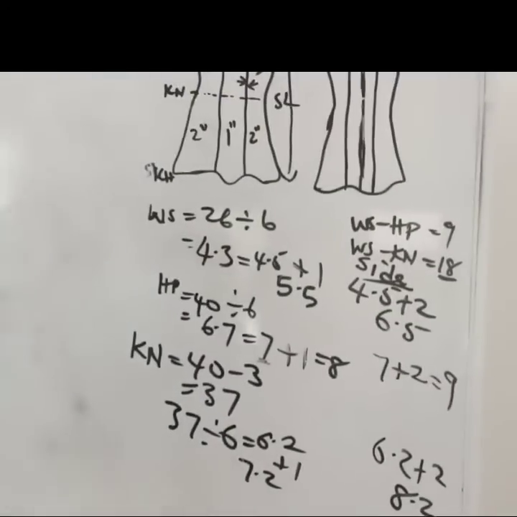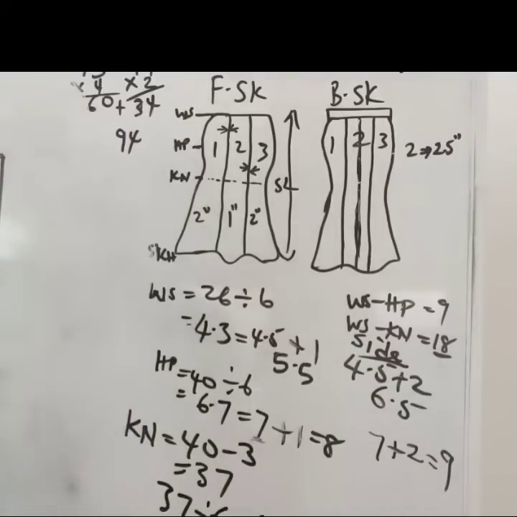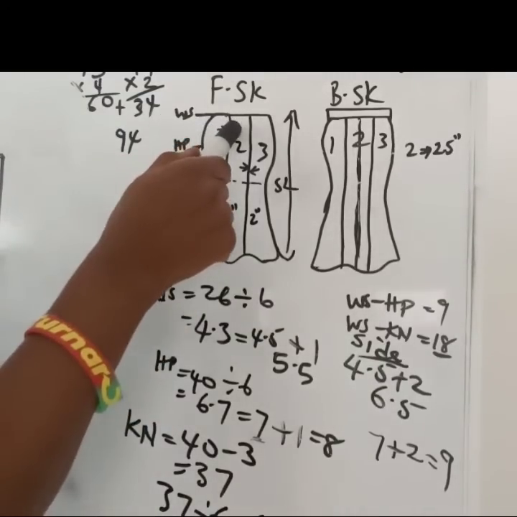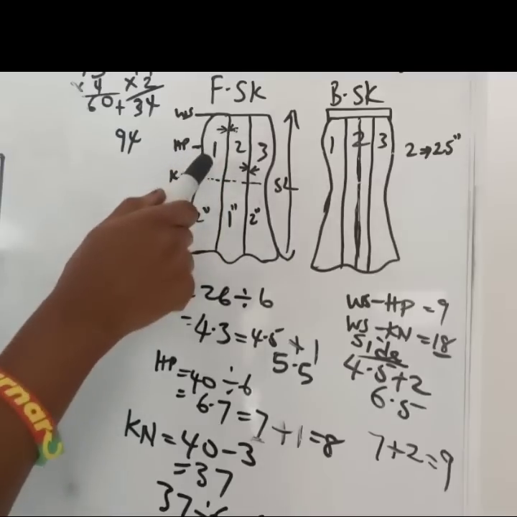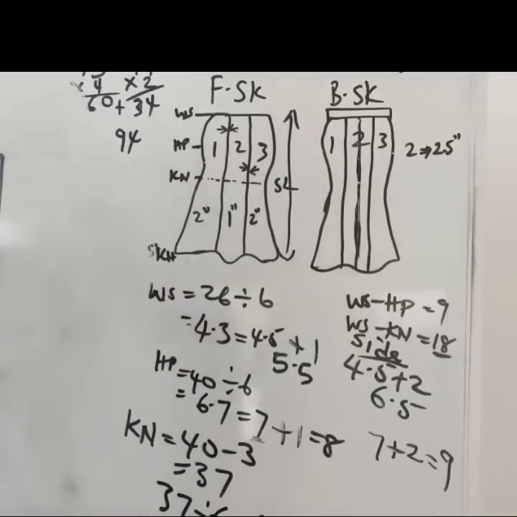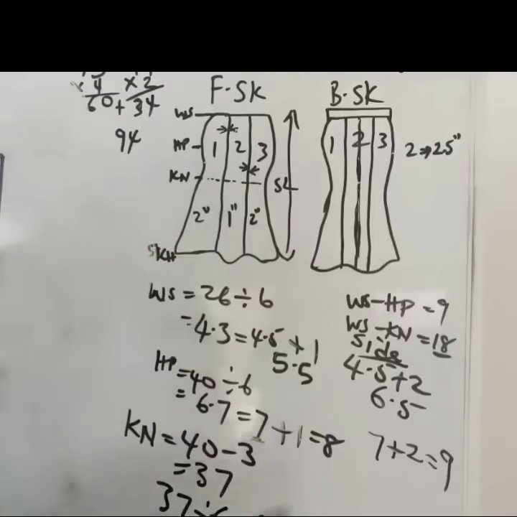Now remember the explanation that we gave from the beginning. For the center panel, you only need ½ inch to join the center to number 1 and half to join the center to number 3, and that was how we arrived at adding 1 inch to the original measurements.